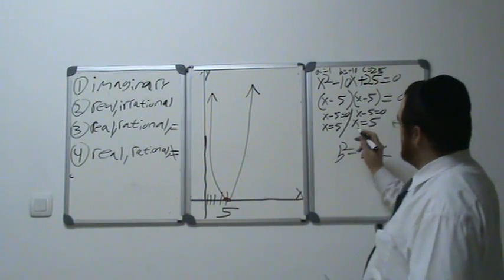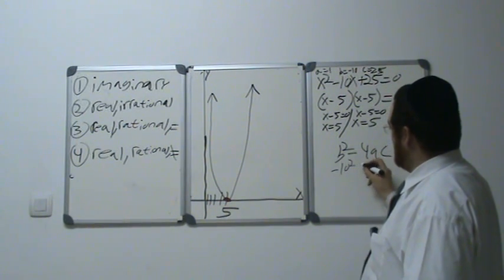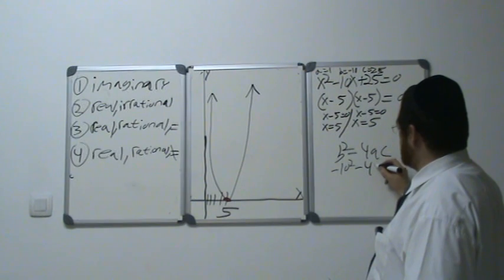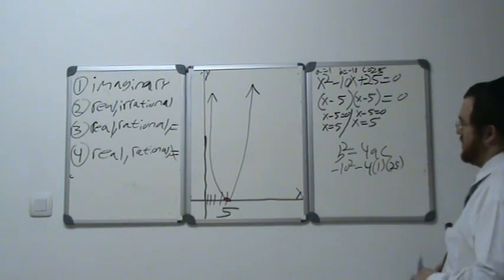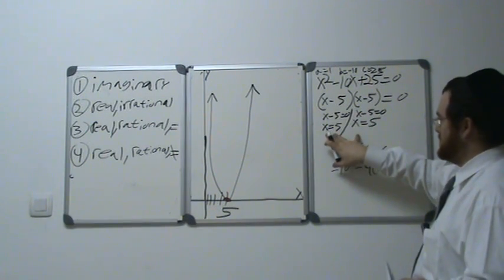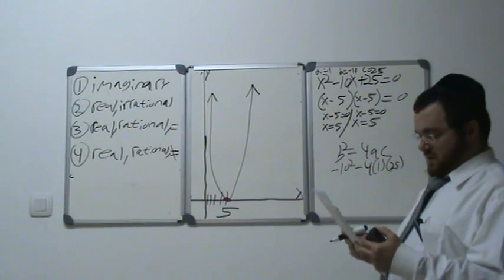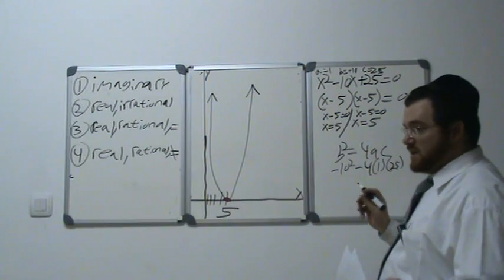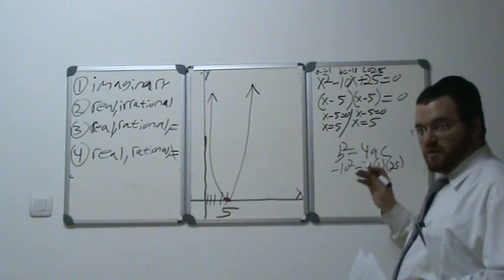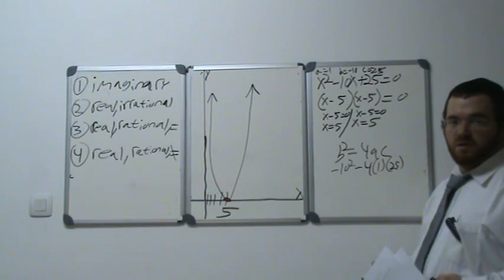So we'll put it in. B squared is negative 10 squared, minus 4 times a, which is 1, times c, which is 25. And if these two are equal to each other, which we know they are because we saw that the roots are equal, then it will not be imaginary. Because we have one minus the other, you'll get 0, and the square root of 0 is 0.